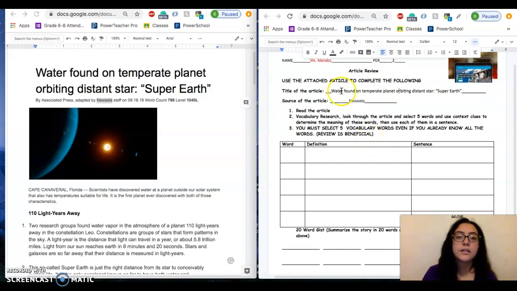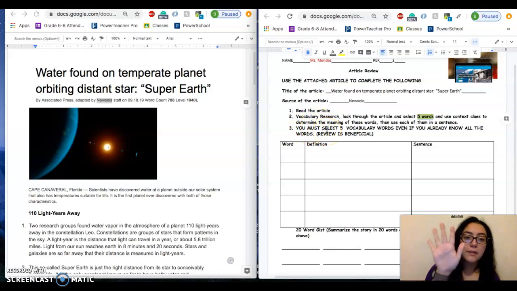Alright, so let's read the direction. It says, read the article, step 1. Step 2, vocabulary research. Look through the article and select 5 words. So I'm just going to go ahead and highlight that so I know it's 5 words. And use context clues to determine the meaning of these words. Then use them in a sentence. You must select 5 vocabulary words even if you already know all the words. Review is beneficial.